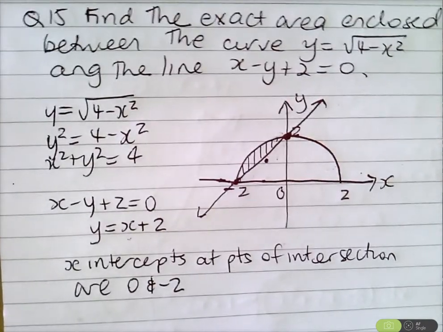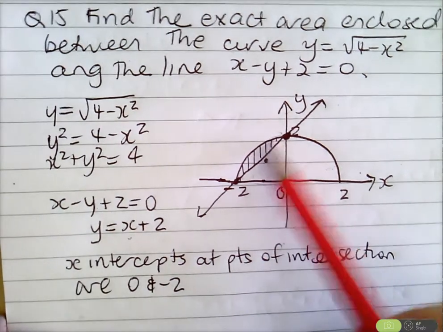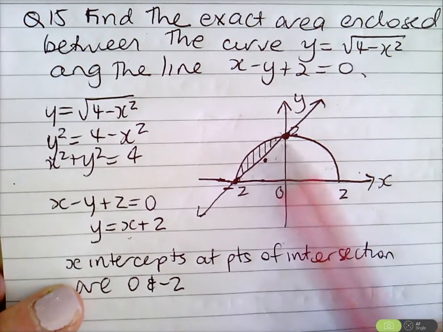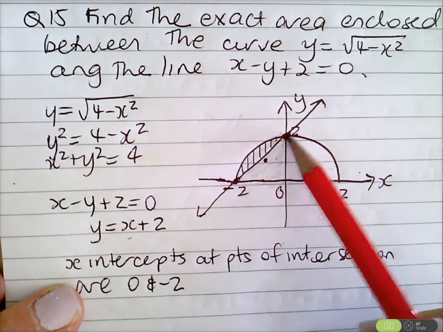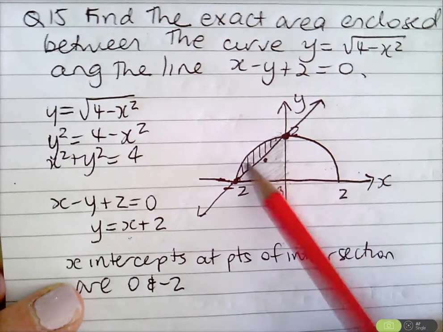See, the reason we do that is, let's say you want to find the area below that semicircle bit. Oh, this is a bit of a bad one. If I integrate below the semicircle, don't I get that whole thing? Watch what I'm doing. If you want the integral from 0 to -2 of the semicircle, don't you get this whole shaded bit?